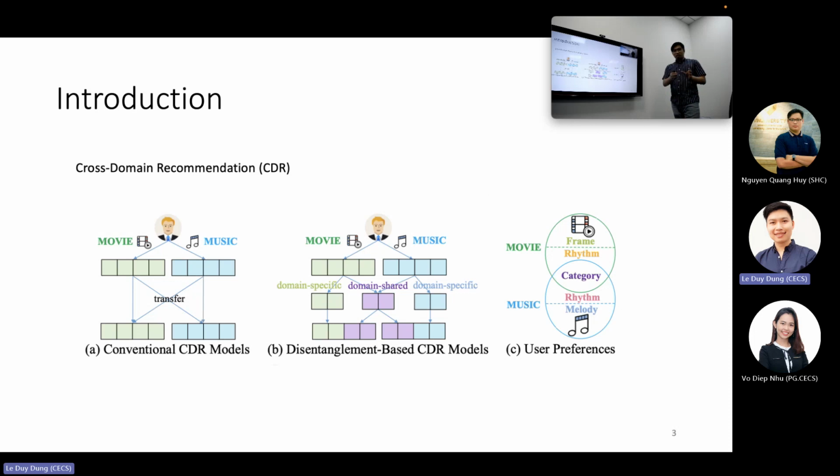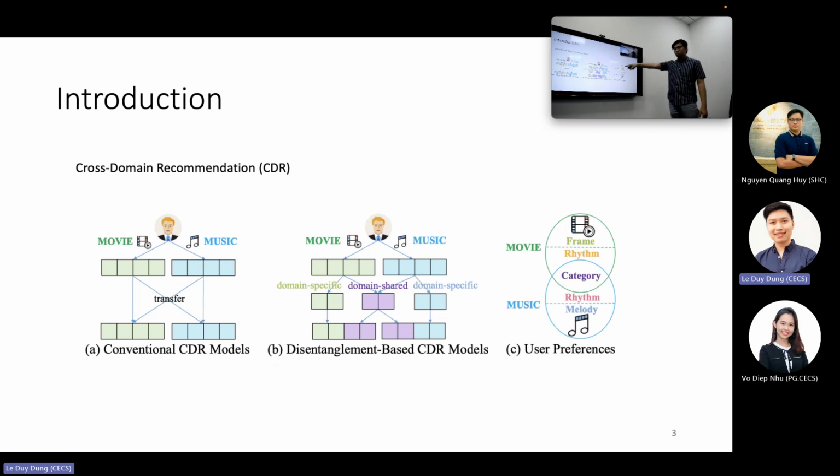So let's take a look at the first part, the introduction. We have recommendations, so I will explain shortly about cross-domain recommendation. There are two types of cross-domain recommendation.